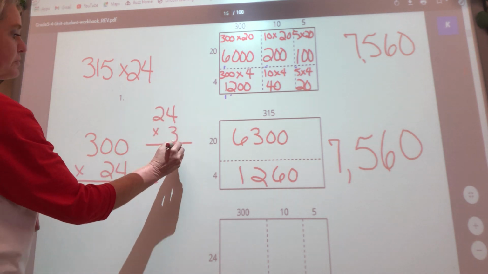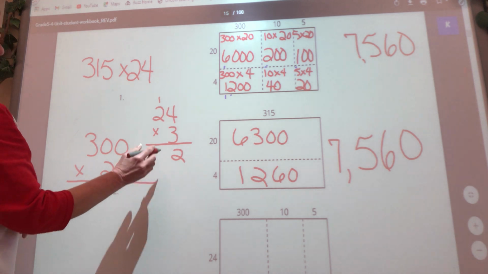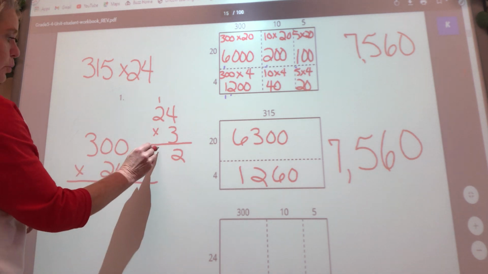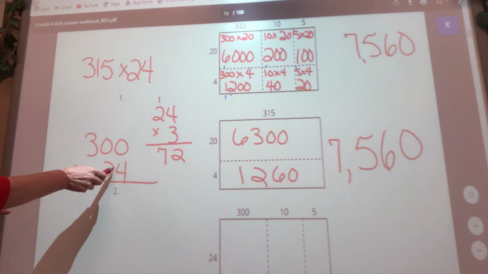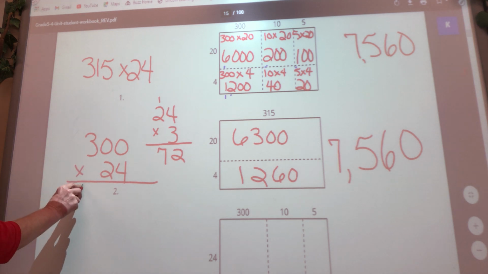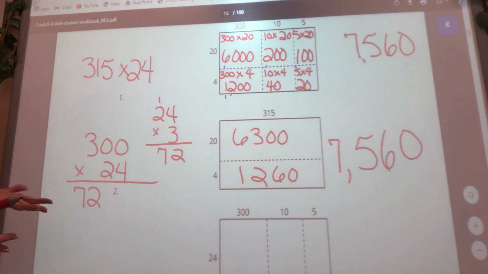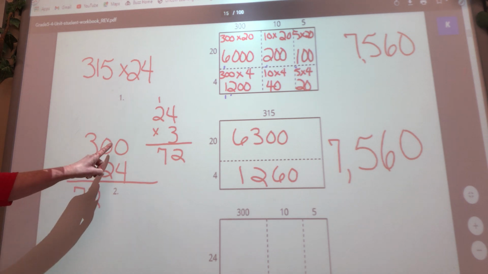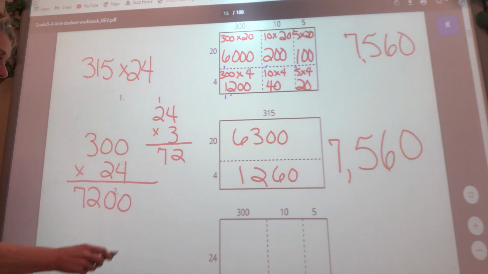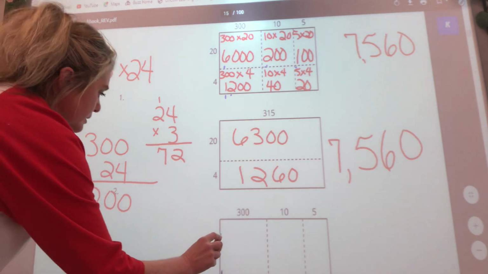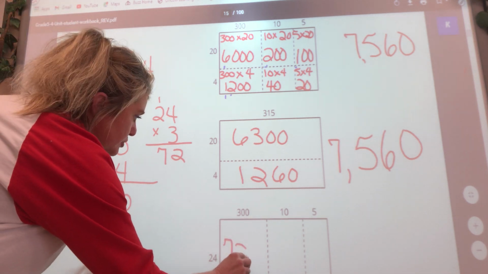Okay, we have 3 times 4 is 12. 3 times 2 is 6, plus 1 is 7. Okay, so I know 24 times 3 is 72. And then quick math, how many place value zeros have I not done anything with yet? 1, 2. So this box is going to be 7,200.